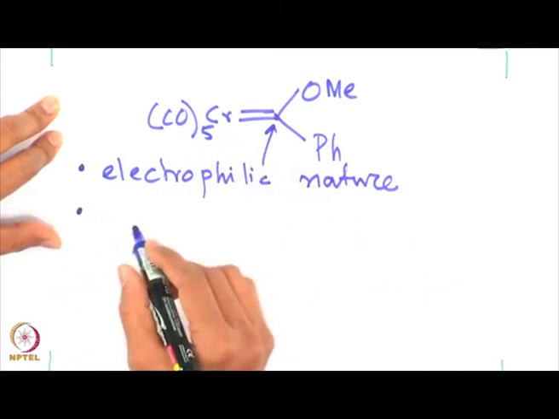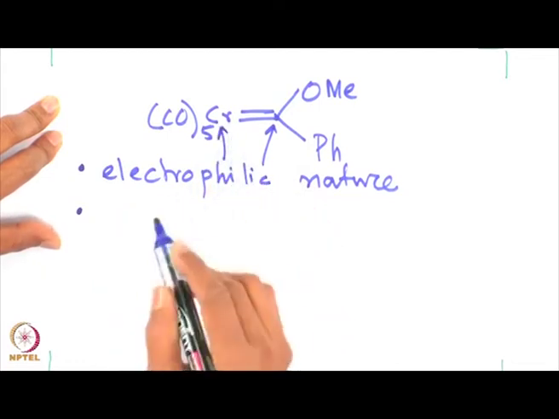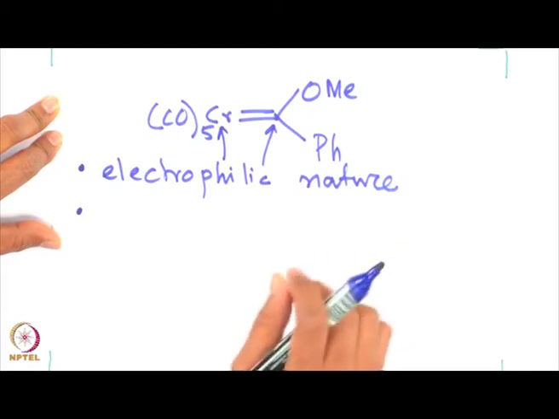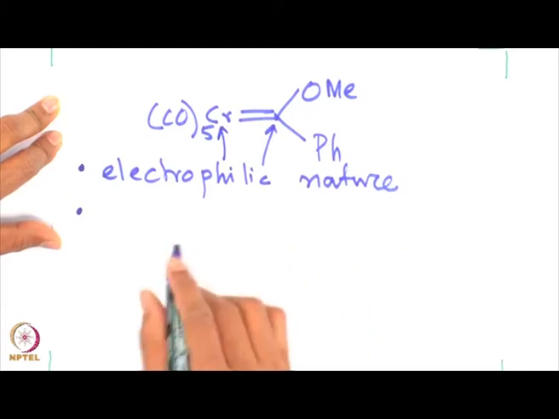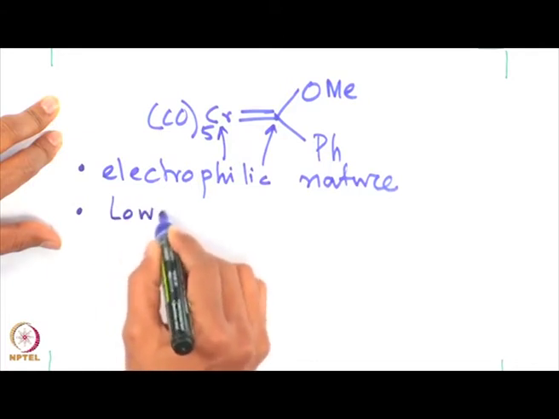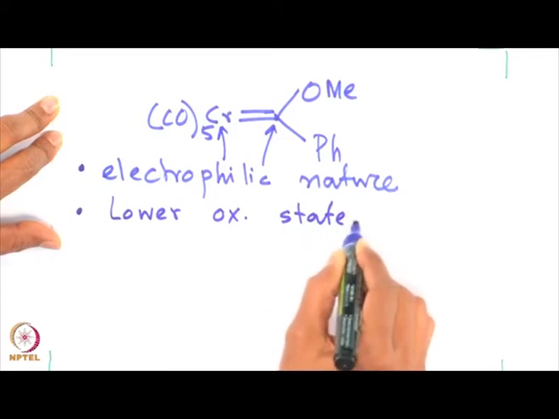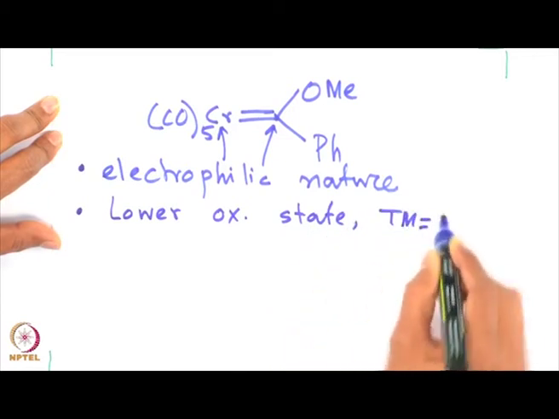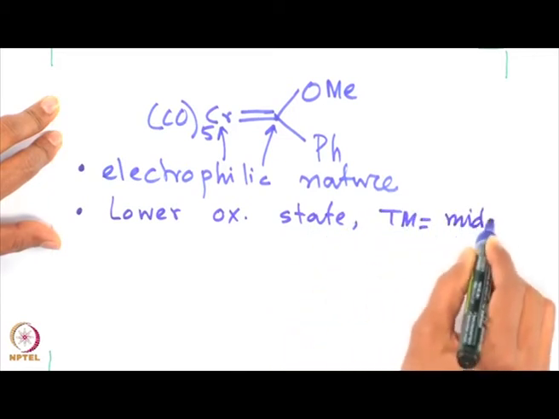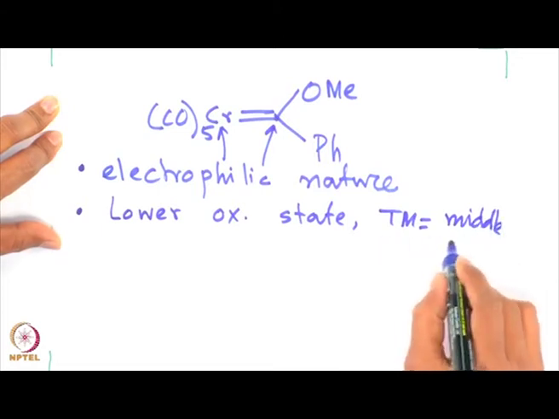Usually the metal center that is associated over here is a middle or late transition metal, and these have a lower oxidation state. These are the characteristics of your Fischer carbene.